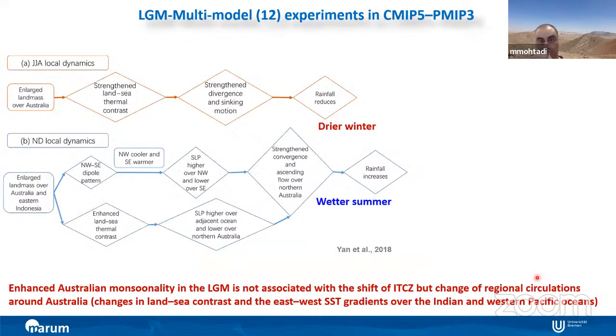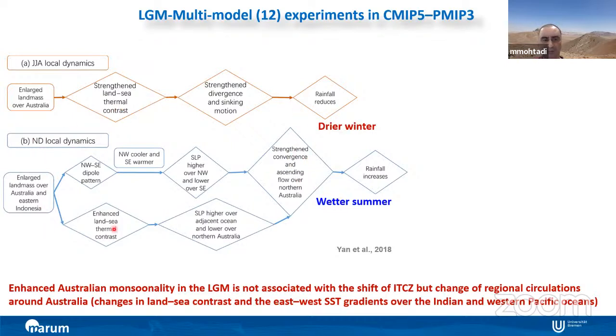And the same generation of models that produce a dry last glacial maximum, regardless if you look at the different season or to the mean annual, if you take the same models, that's a multi-model experiment, but a different study, you can come up with the same results as the proxy data, with a drier winter and a wetter summer, similar to what we find in our proxy-based records.